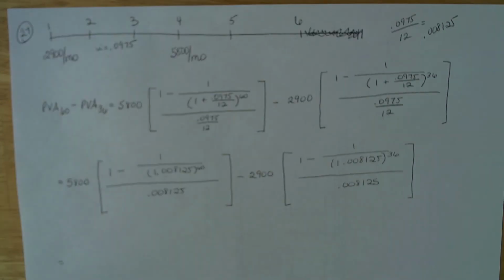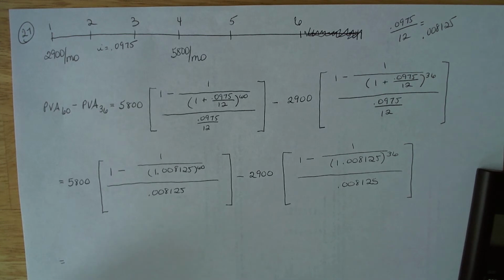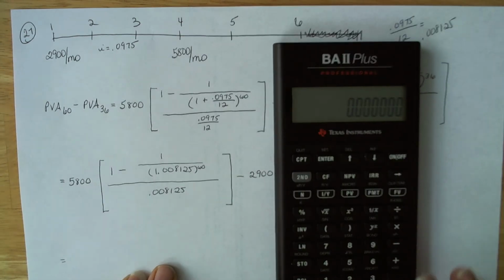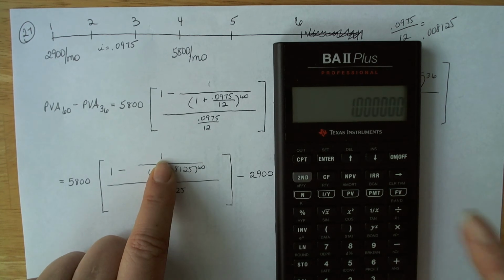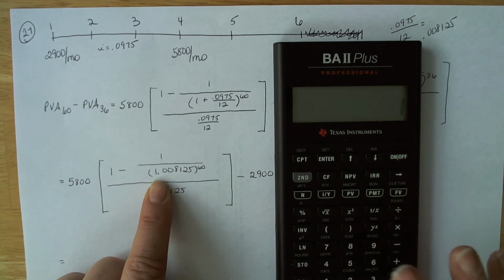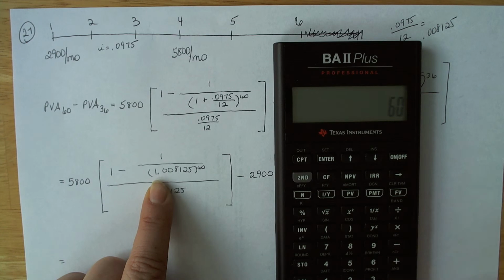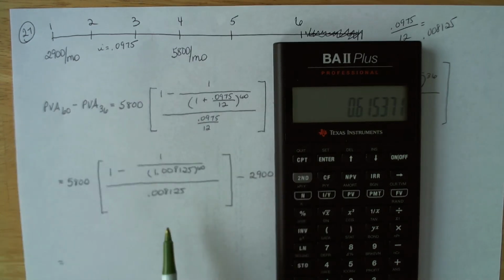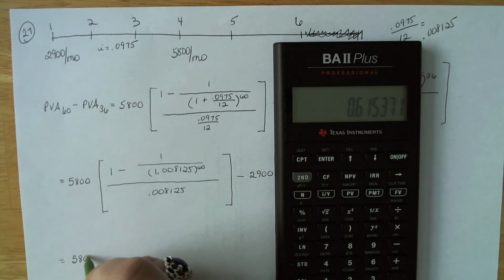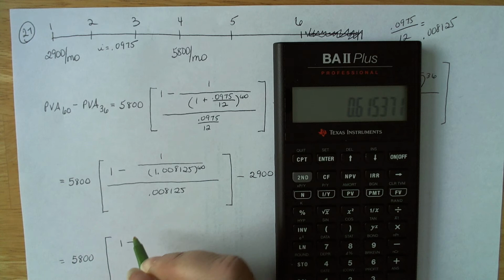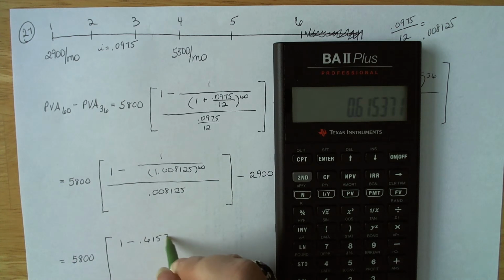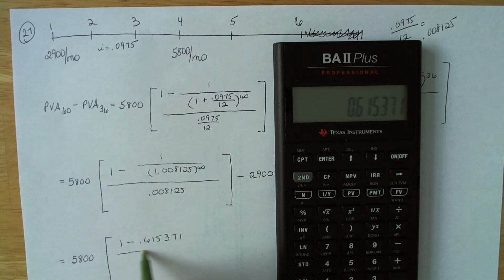All right, so when we work this through, let's look at the first half first. We're going to start right here: 1 divided by parenthesis 1.008125, y to the x, 60, y to the x, parenthesis, equals, and that's going to give us 5,800 times 1 minus 0.615371, divided by 0.008125.